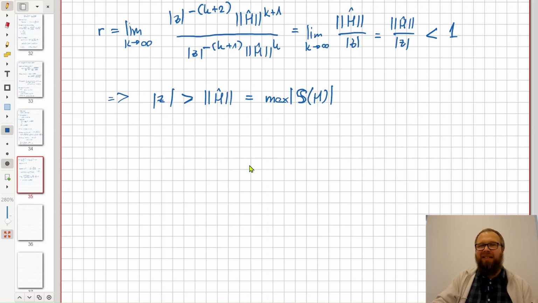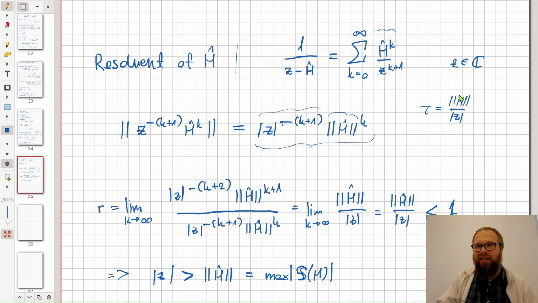Because if you think of this bounding series as a function of z, then let's bound this function with something to see if it's uniformly convergent.